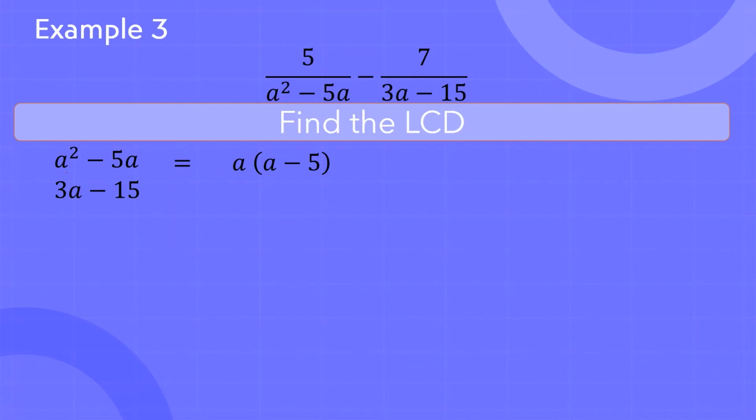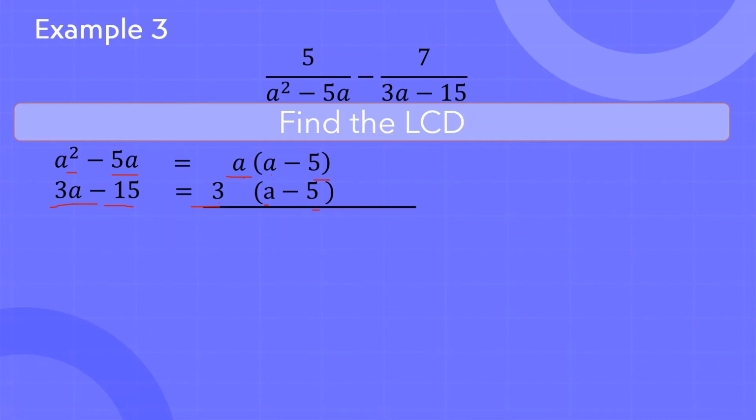Okay, so a squared divided by a is a, then negative 5a divided by a is negative 5. Okay, so 3a minus 15 can also be factored out by common monomial factor, and its GCF is 3. So 3a divided by 3 is equal to a. Negative 15 divided by 3 is equal to negative 5.